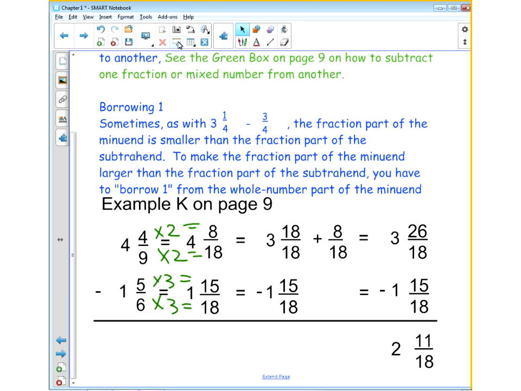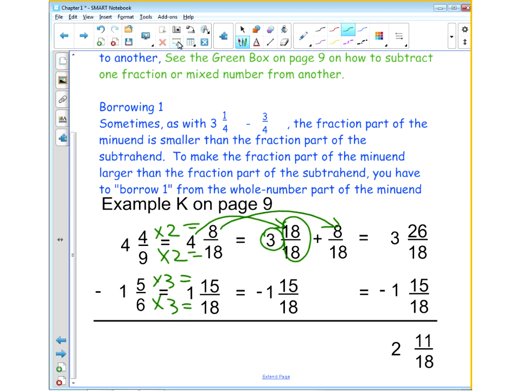Okay, so you can't subtract 15 from 8. Well, we don't mess with negatives. And so we're going to have to borrow 1. So we borrow 1 right here. You can see it's now 3, and 18 over 18 is 1. So 3 plus 1, that's my 4 right there. And then my 8/18 goes over here, and you can see the denominator, or the bottom number, isn't messed with at all.